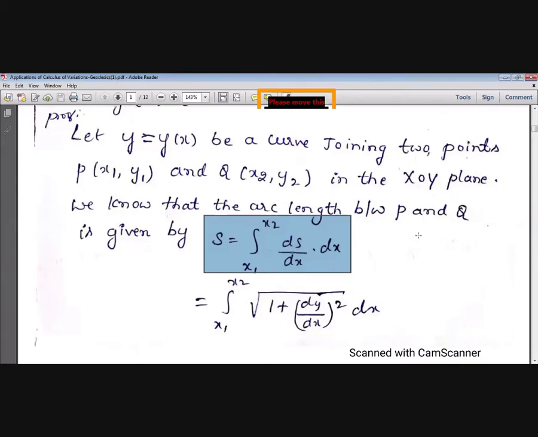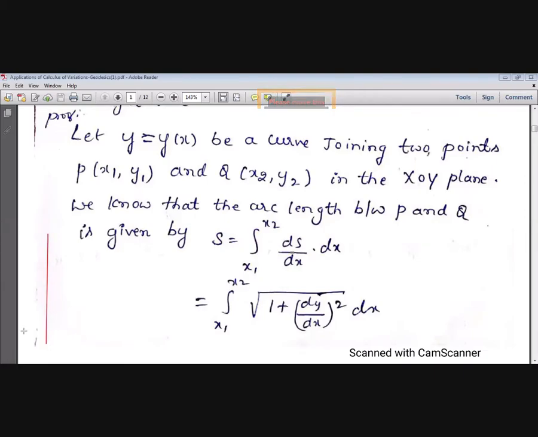How will this come? If I draw this diagram in the xy plane, this is the y axis, this is the x axis. If I take a curve, and if this is the x coordinate, this is the y coordinate, this is s.